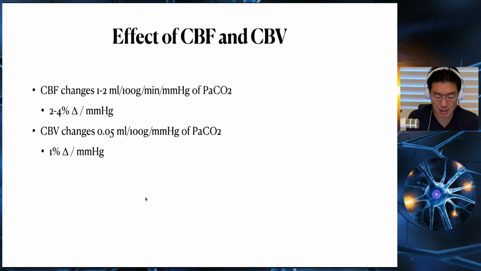Now, when we talk about it in terms of cerebral blood volume, it changes 0.05 mils per 100 grams per millimeter of mercury, which means that it is a 1% change for every millimeter of mercury. And you see that this is where that idea of, yes, your cerebral blood flow increases by X amount, your cerebral blood volume also increases, but not to the same extent.